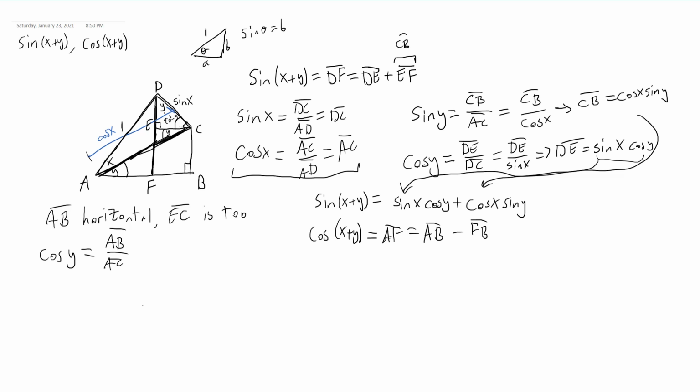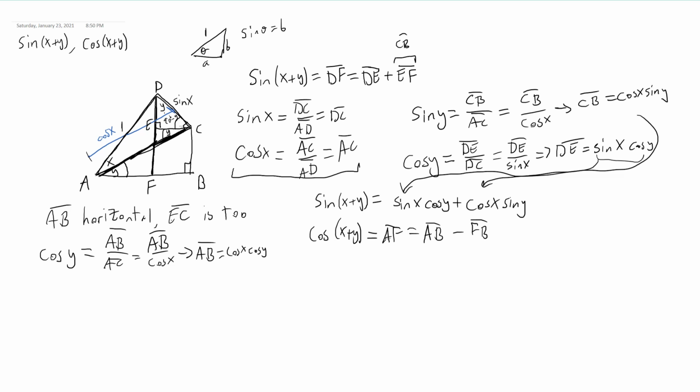But we found a little while ago that AC is cosine of x. So we get AB over cosine of x, which means that AB is cosine x cosine y.